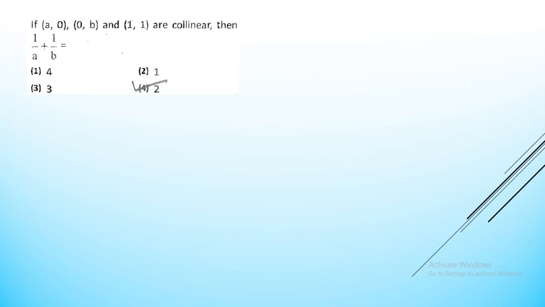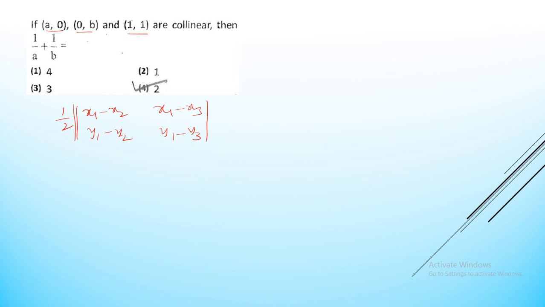Next, moving on to one more question. The points a comma 0, 0 comma b, 1 comma 1 are collinear. Collinear means you can directly take the area of the triangle as equal to 0. So how to find the area of a triangle? Half into modulus of x1 minus x2, x1 minus x3, y1 minus y2, y1 minus y3.